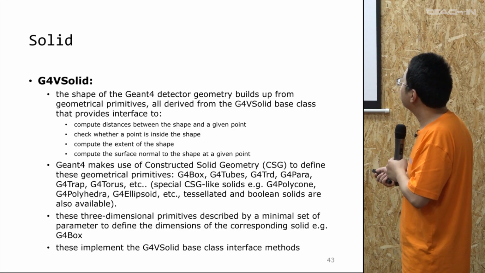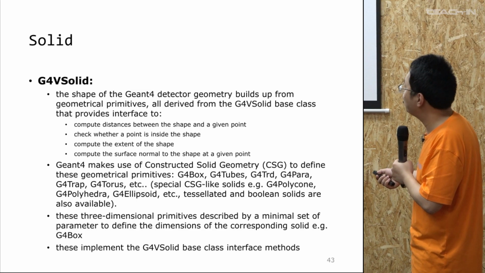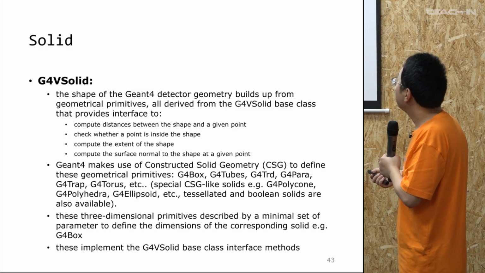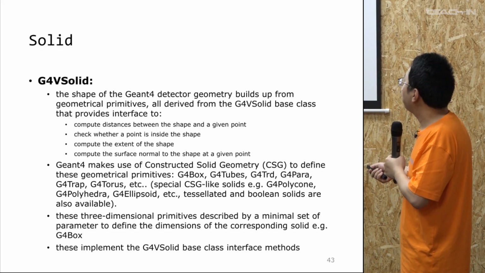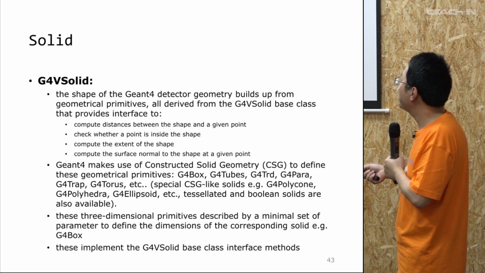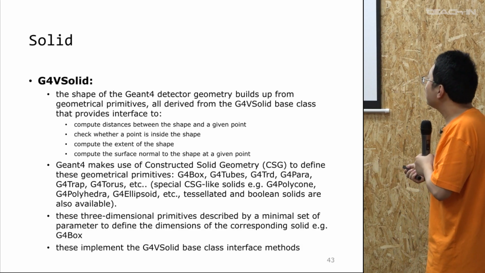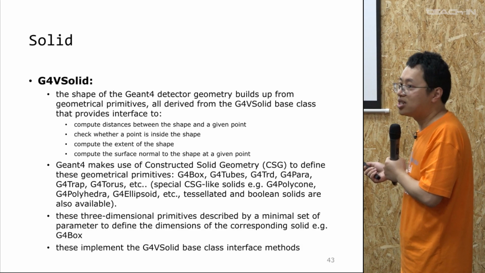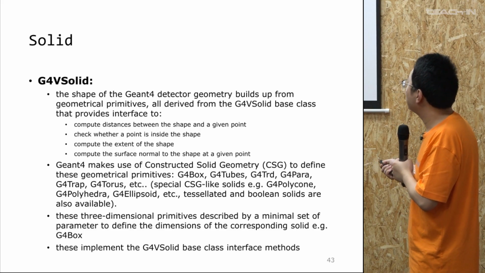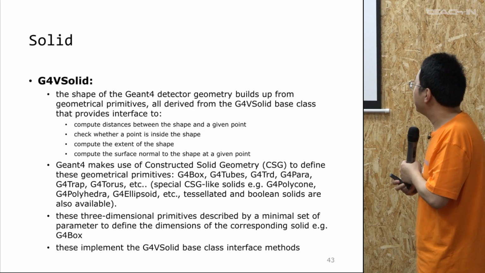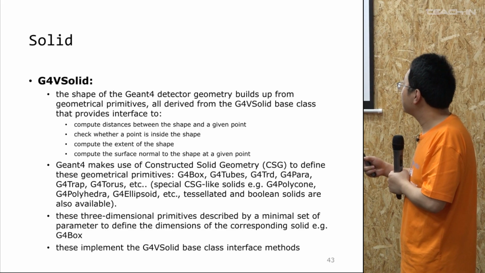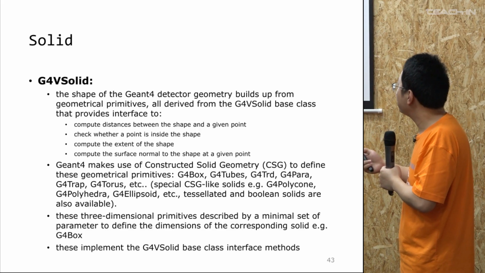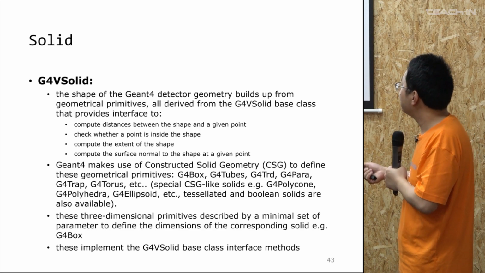In Geant4, we use the so-called CSG, the constructed solid geometry, to define all these primitives, like the box, tubes, and something more complicated like the torus. You can also have some special CSG, like the polygon design. You always need some three-dimensional parameters to define these shapes.